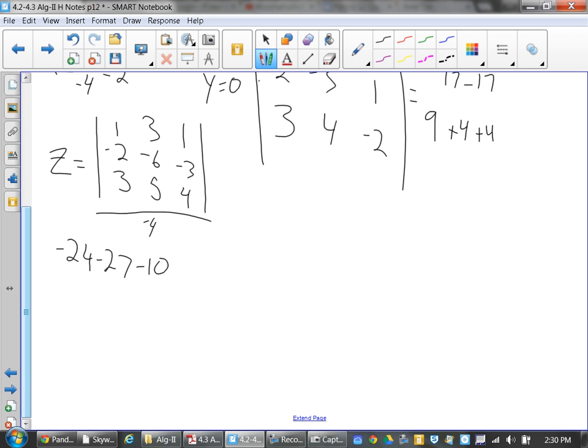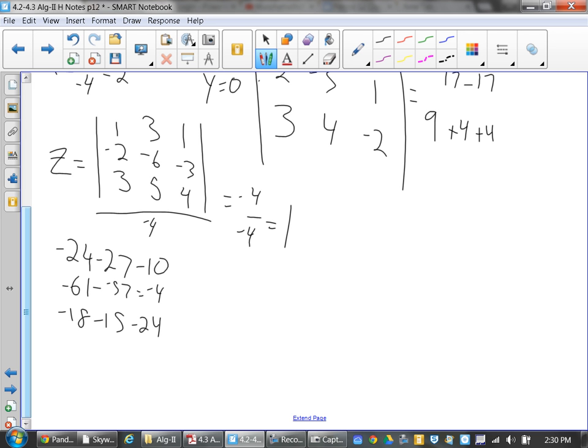Just making sure we got there. Yes, negative 61. Upwards, you have negative 18. Negative 15. And negative 4. Negative 4 divided by negative 4. So yeah, negative 4.